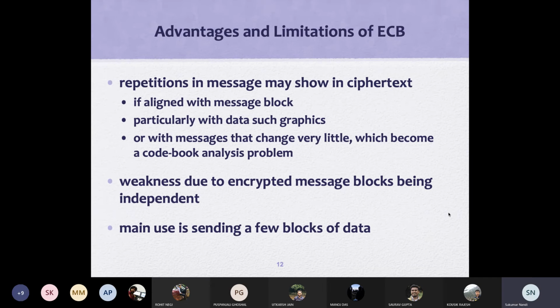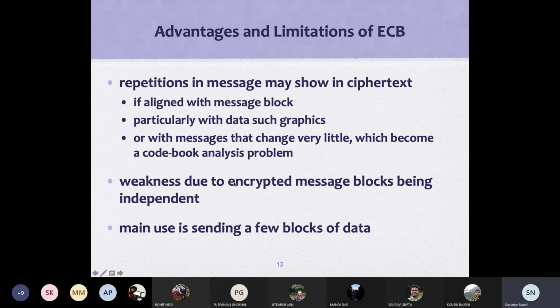Advantages and limitations: repetition in a message may show in the ciphertext if aligned with message blocks. Particularly data such as graphics, where the message has changed very little, becomes a codebook analysis problem.